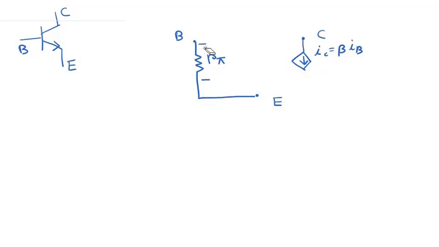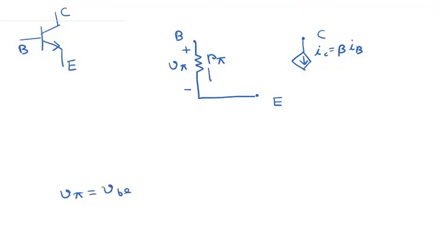V pi is basically equivalent to the small signal base to emitter voltage drop, or the base to emitter AC voltage drop. So V pi is basically equal to VBE.